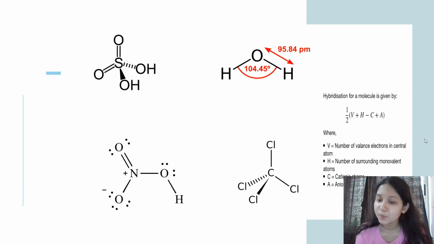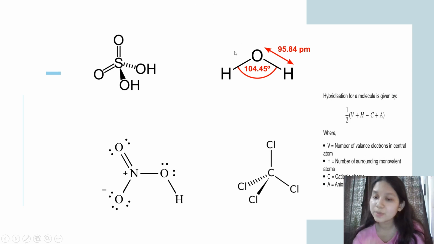As the standard method, we can use this formula: half into bracket V plus H minus C plus A, where V gives us the number of valence electrons in the central atom, H is the number of surrounding monovalent atoms, C is cationic charge, and A is anionic charge. So if you have cationic charge, you will have to subtract the charge in the formula, and if you have anionic charge in the species, you will have to add the charge in the formula.